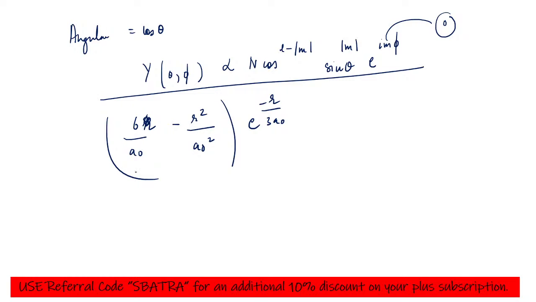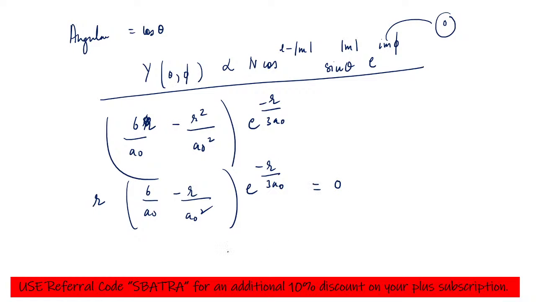So I'll take r common, just like I solved it for the l value, and this will now be r into (6 by a naught minus r by a naught square) into e to the power minus r by 3 a naught. That means I need to find the position of the node, so the radial electron density is equal to 0.